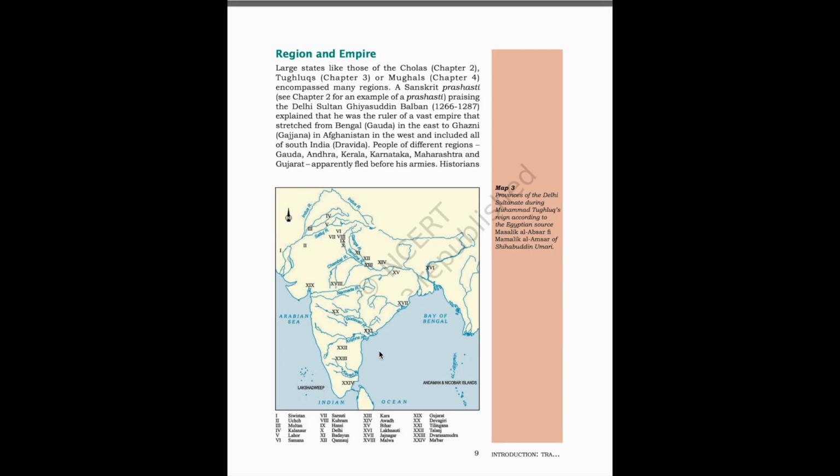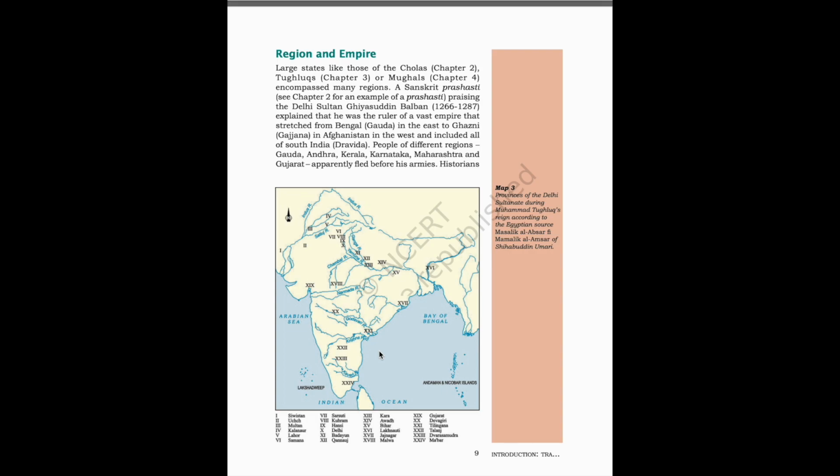Region and Empire. Large states like those of the Cholas, Chapter 2, Tughlaqs, Chapter 3, or Mughals, Chapter 4, encompassed many regions. A Sanskrit Prashasti, see Chapter 2 for an example of a Prashasti, praising the Delhi Sultan Ghiyasuddin Balban, 1266 to 1287, explained that he was the ruler of a vast empire that stretched from Bengal, Gauda in the east, to Gajana in Afghanistan in the west, and included all of South India, Dravid.